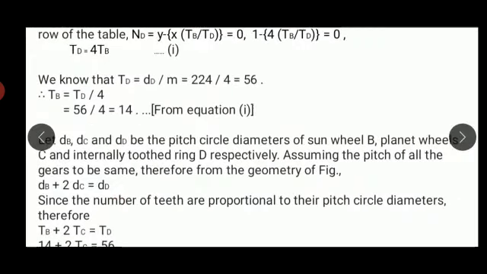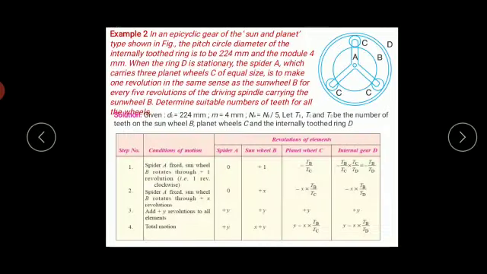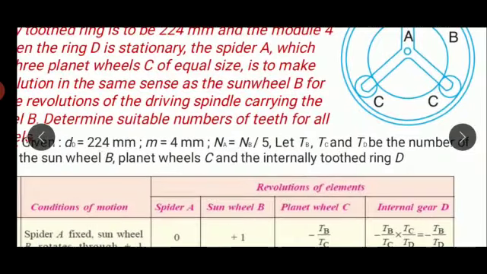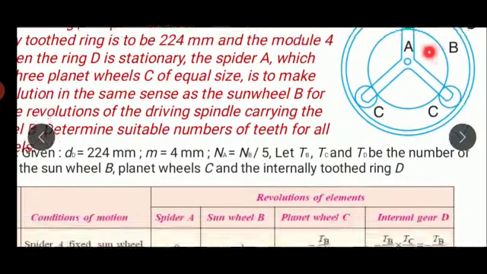Hence we have dB plus 2 times dC is equal to dD. How is this possible? We can see here this is dB.